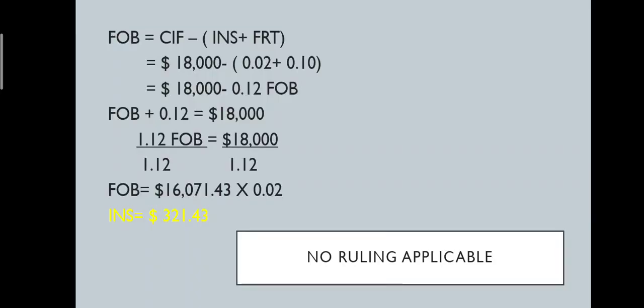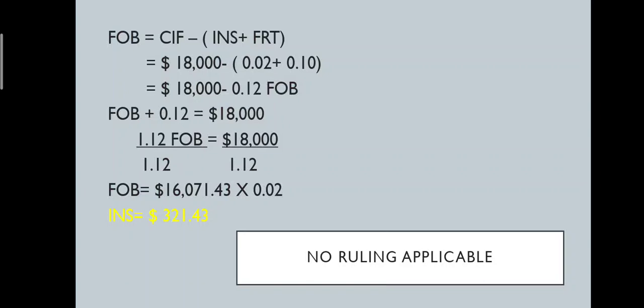So mo na natay 0.12. So $18,000 which is our CIF minus 0.12. Combine like terms. So mabalhin siya sa left side ang 0.12, so mahimo siyang positive. So FOB plus 0.12 equals $18,000.